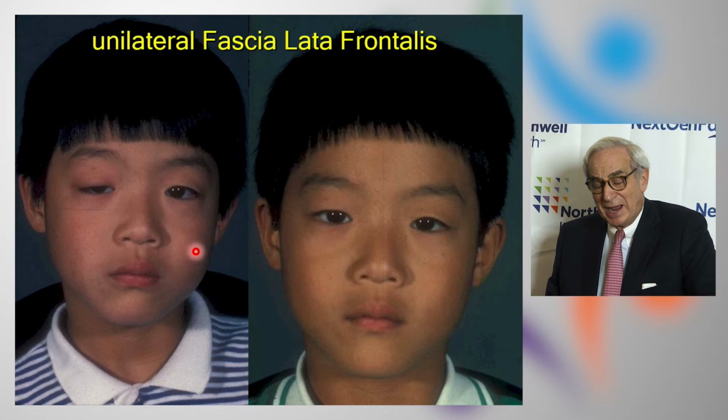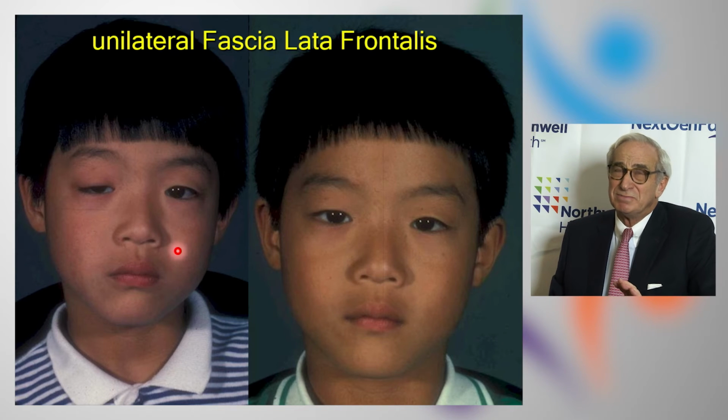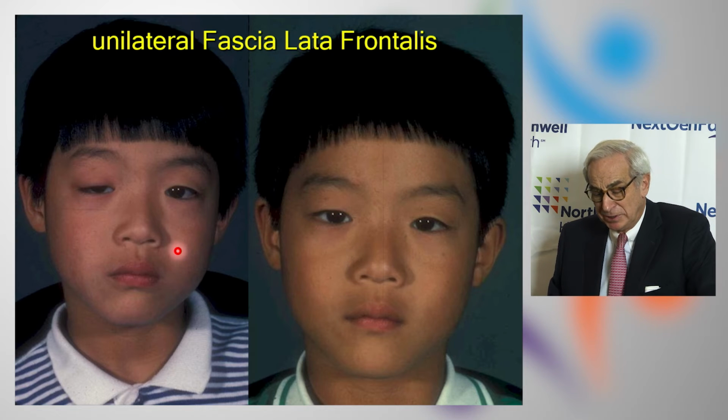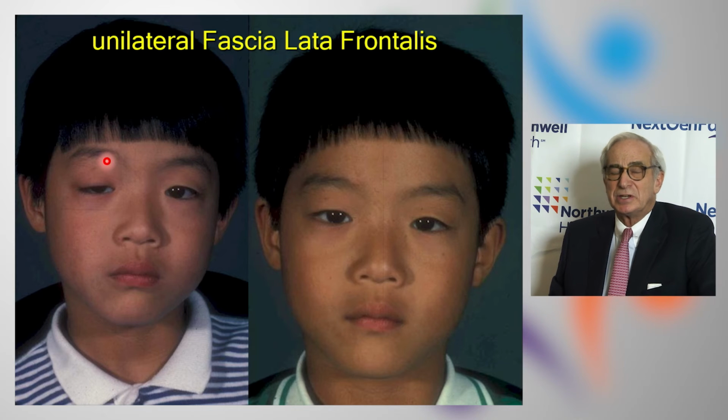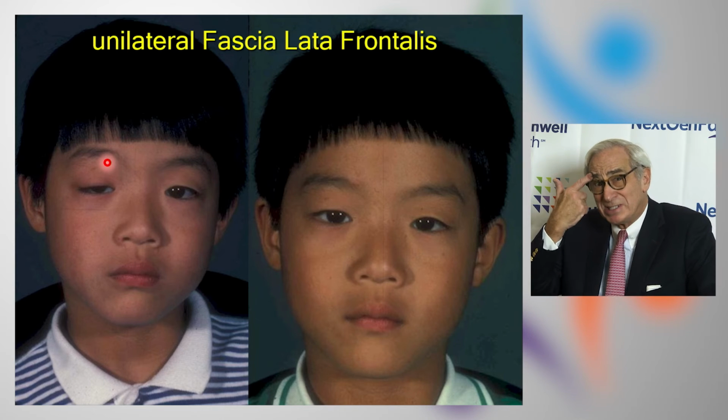But in frontalis suspension, which is mostly required in our craniofacial patients, if you raise one and not the other, look at his brow. That brow is clearly higher than the other side. He is unconsciously, involuntarily raising a brow.